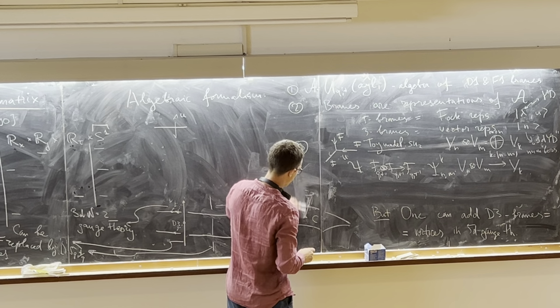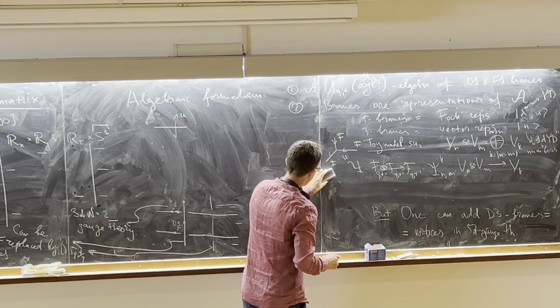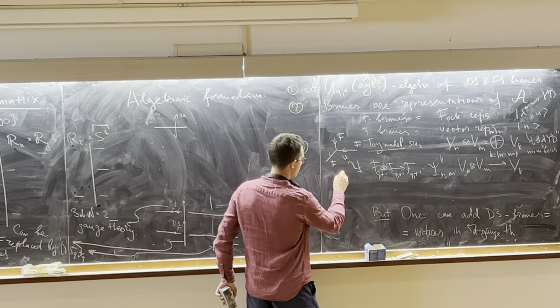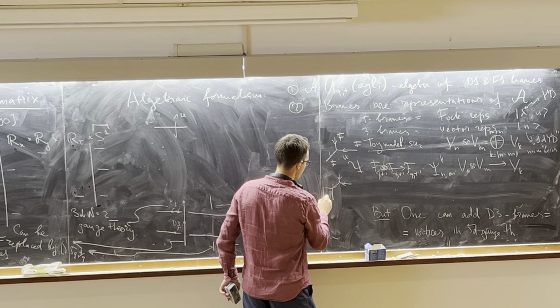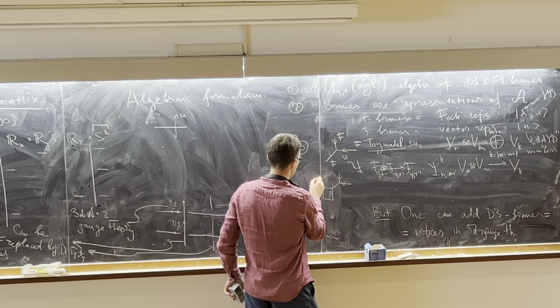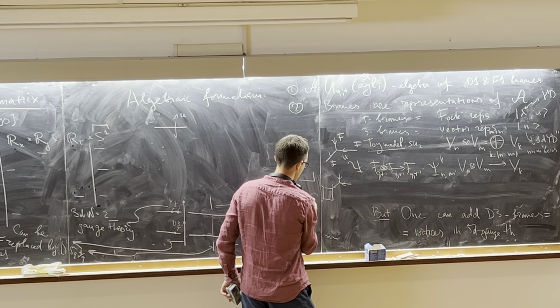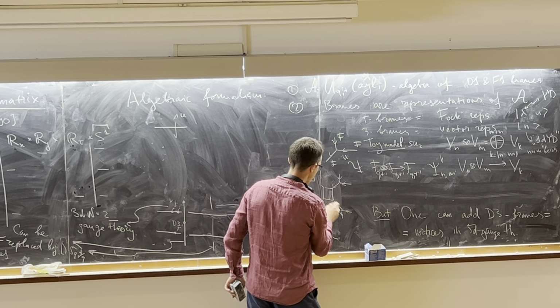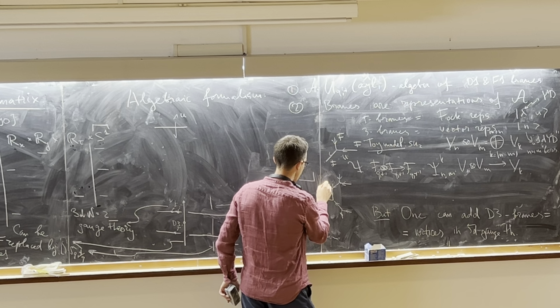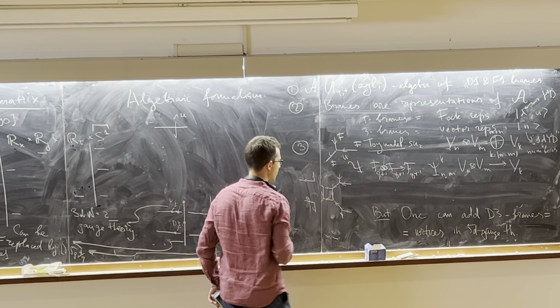Okay, now I can combine these operators and get a larger combination of them. If I combine them in the picture which I have just erased, I'm going to get an operator which acts from a bunch of Fock spaces into another bunch of Fock spaces.